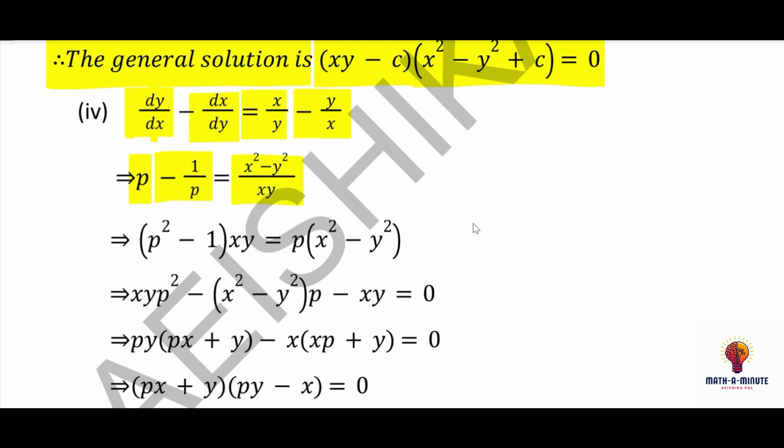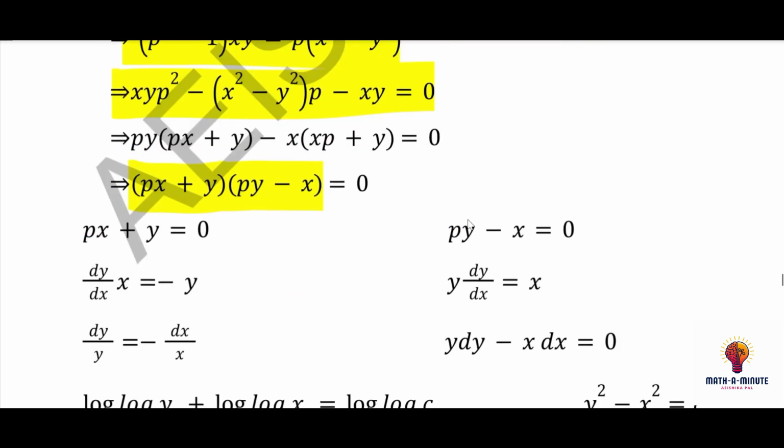Okay, and just simplifying this, try to write the given differential equation as a product of two linear equations. It will be (px plus y)(py minus x). So separately solve this differential equation, px plus y equals to 0 and also py minus x equals to 0.